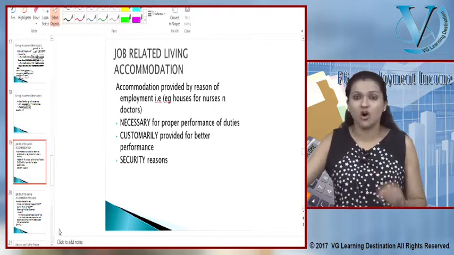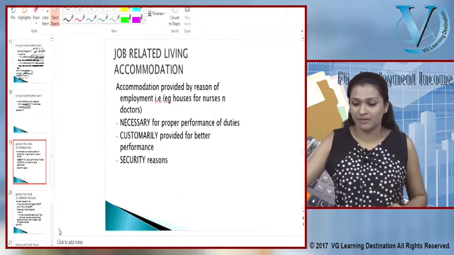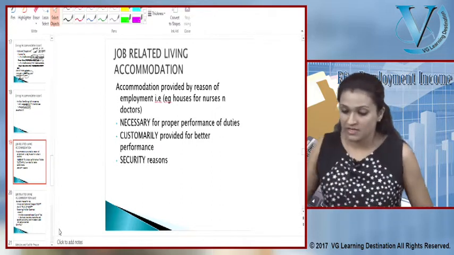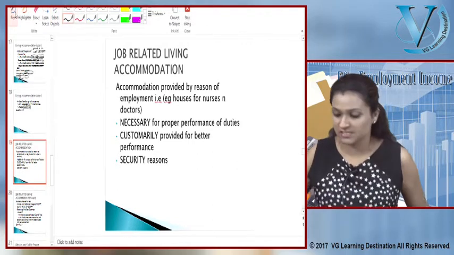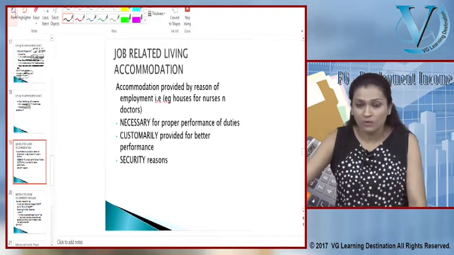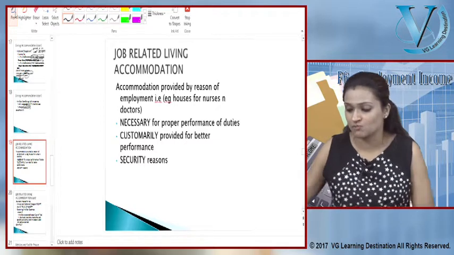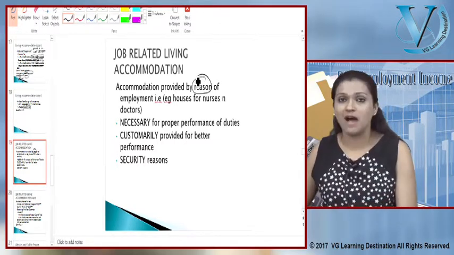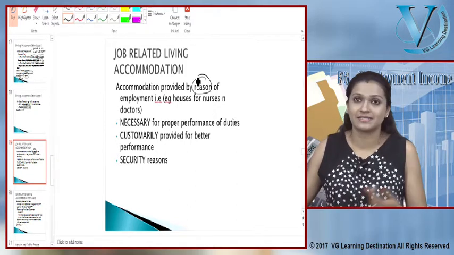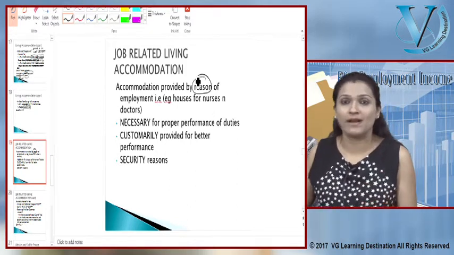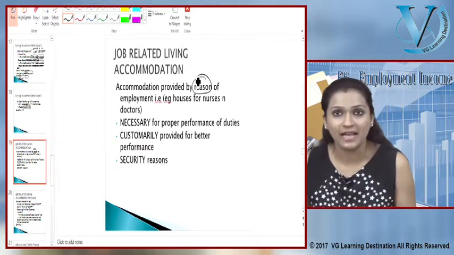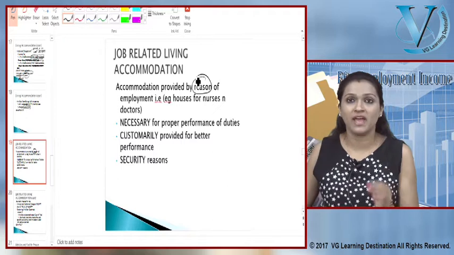Because this accommodation is job related, let's have a look at the specific rules for it. Job related accommodation is accommodation provided by reason of employment, for example houses for nurses and doctors. They definitely need to be provided houses closer to their workplace so that they are able to efficiently perform their job.